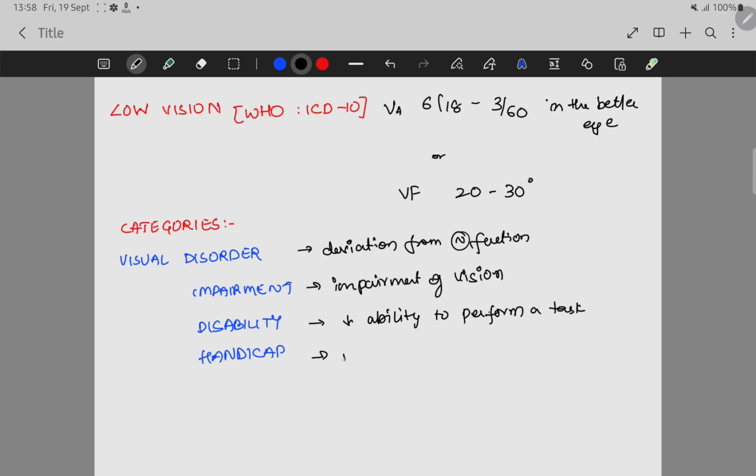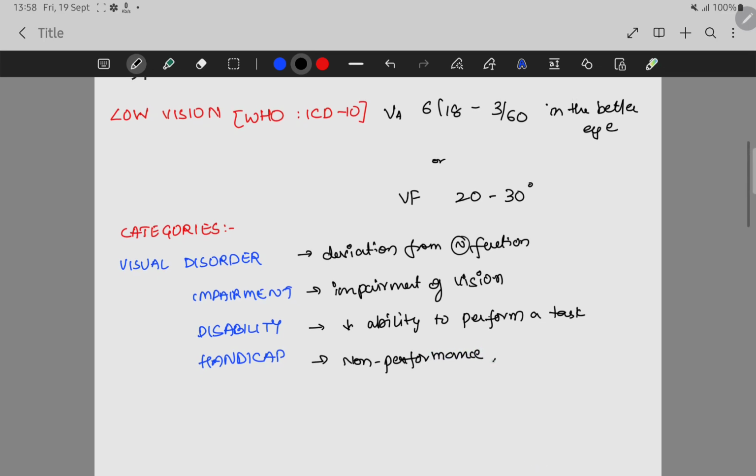So the person is not able to keep up to the social expectation. So these are the categories.